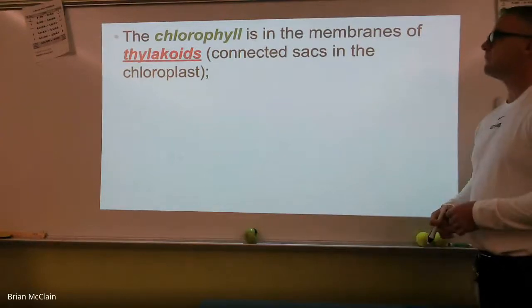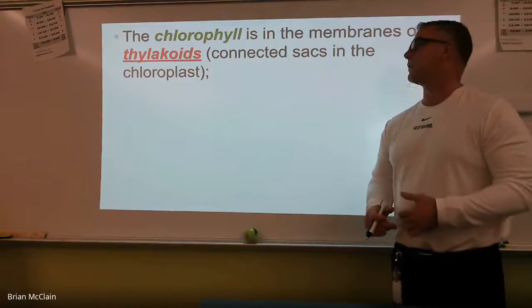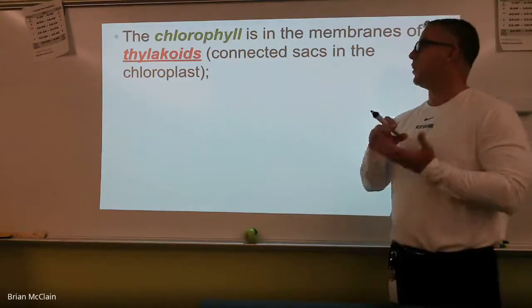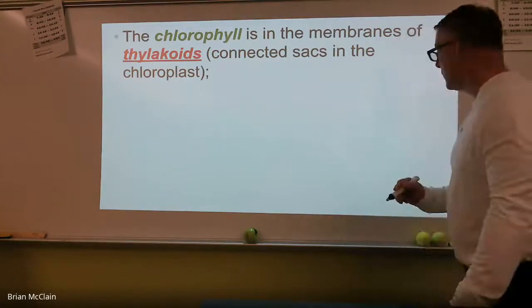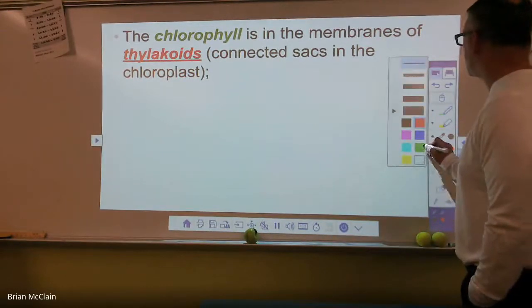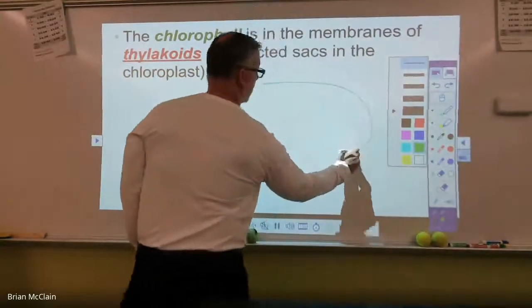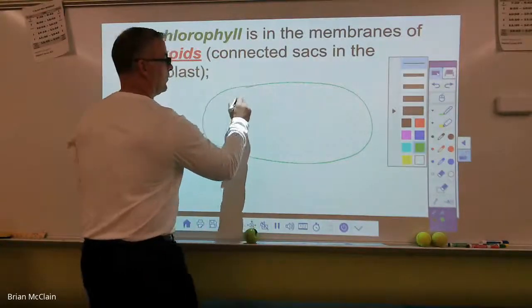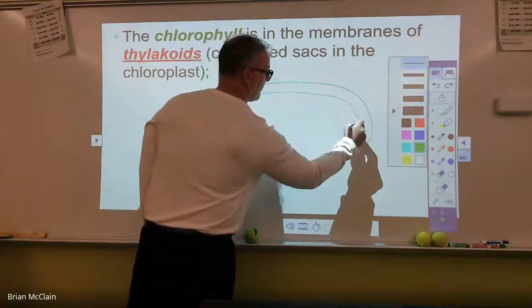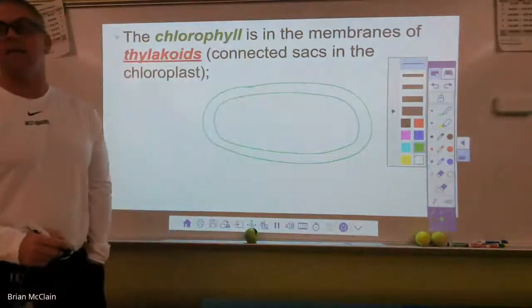So we see that the chlorophyll is in the membrane of a structure known as a thylakoid, okay. If we look at it, the thylakoid kind of has a structure similar to what we saw within our mitochondrion, but we don't have that heavily folded inner membrane.